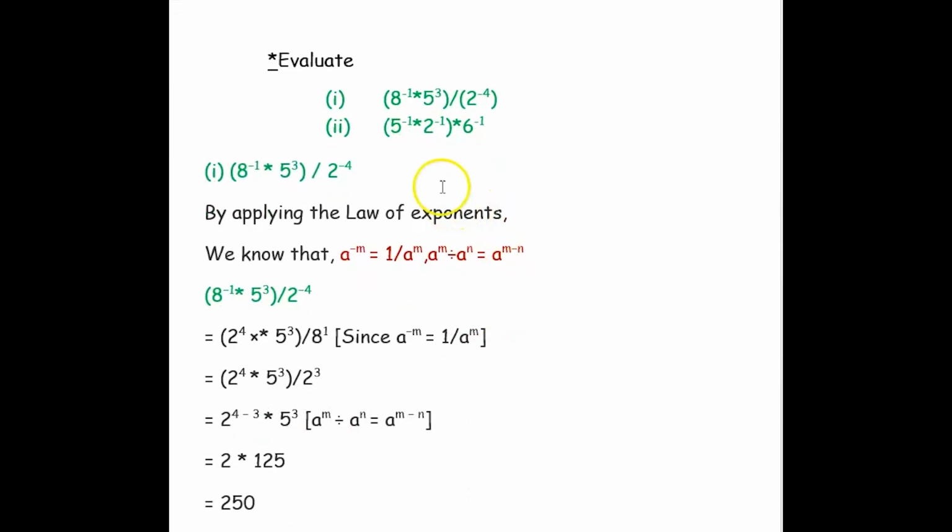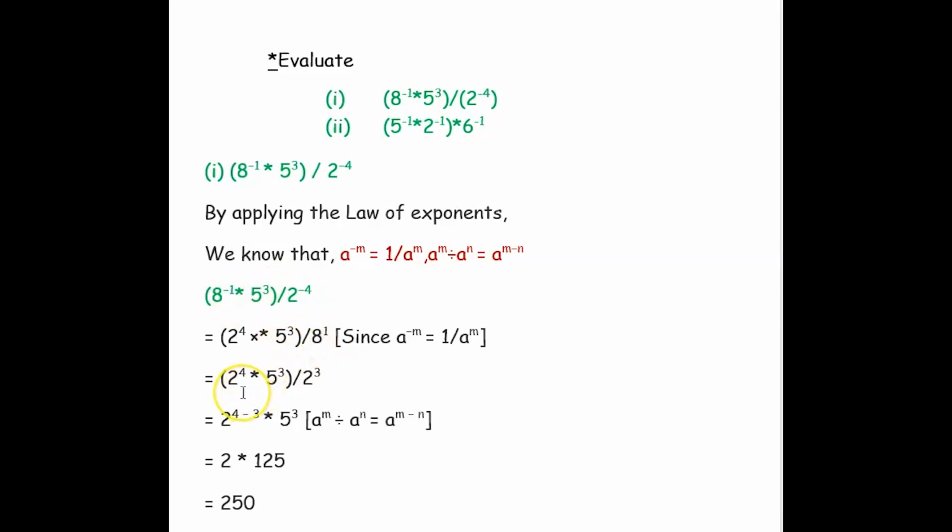Next is evaluate 8 raised to the power negative 1 into 5 cube divided by 2 raised to the power of negative 4. So we know that a raised to the power negative m is 1 divided by a raised to the power m, and a raised to the power m divided by a raised to the power n is equal to a raised to the power m minus n. So here we can write 2 raised to the power negative 4 as 2 raised to the power positive 4 into 5 raised to the power of 3. So this 8 raised to the power negative 1 will come to the denominator as 8 raised to the power of positive 1.